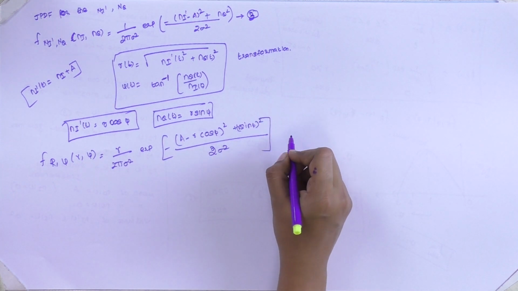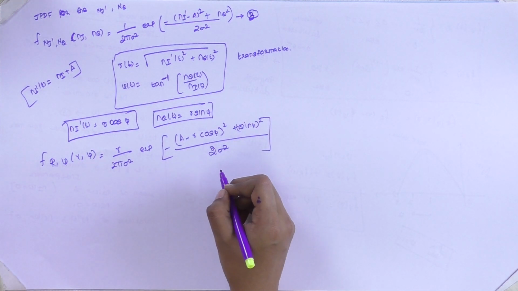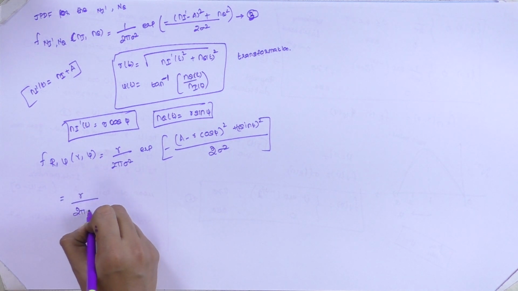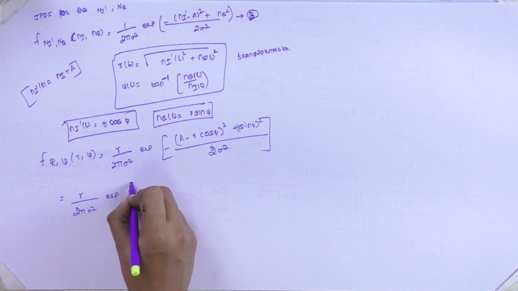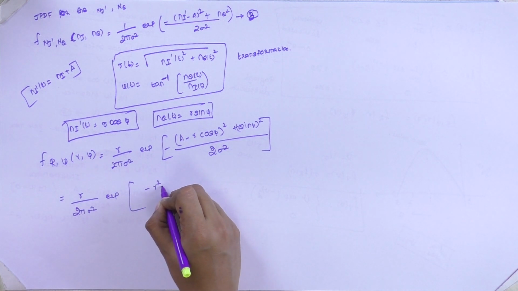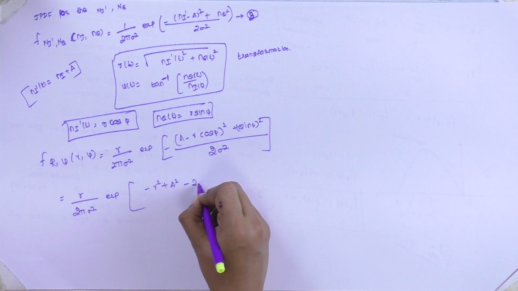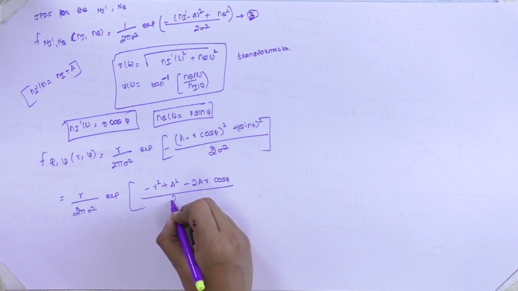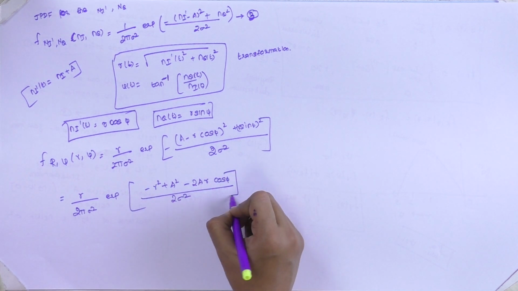This expression can be further reduced to r divided by 2 pi sigma square exponential of minus r square plus a square minus 2ar cos psi, whole divided by 2 sigma square.